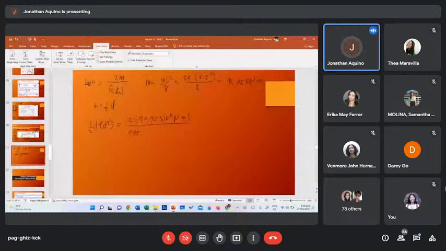So k natin is 0.378 times j natin, 0.874. So from here, d is equal to, so can you solve for the value of d?